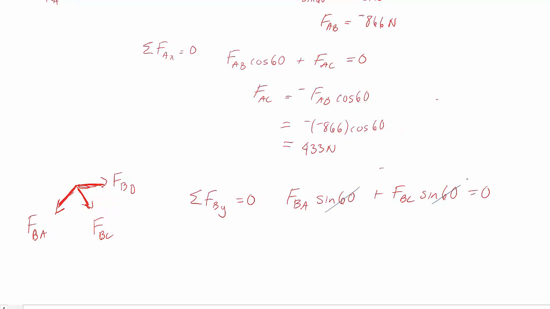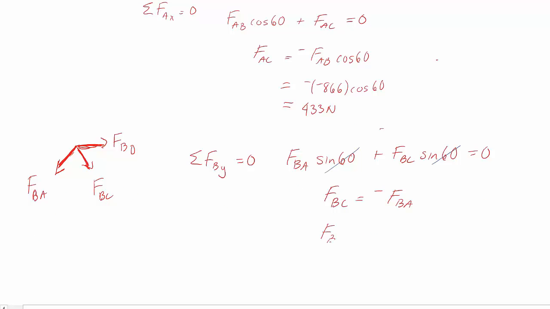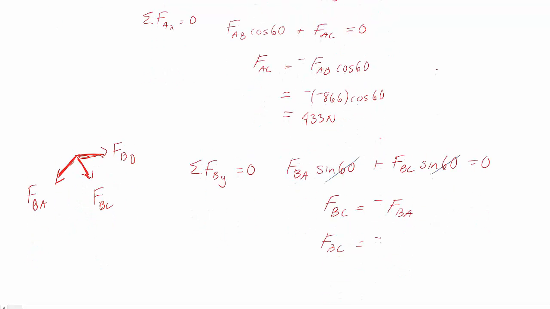Those sines cancel out, we know they're the same. So we get FBC is equal to negative FBA. And that we know is 866. It's like a negative of a negative, right?